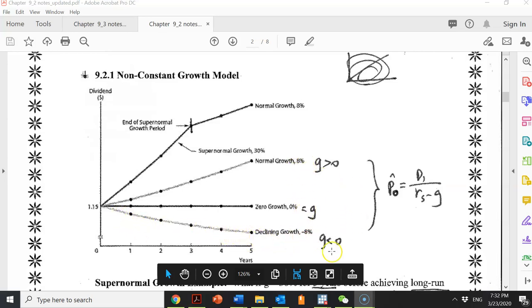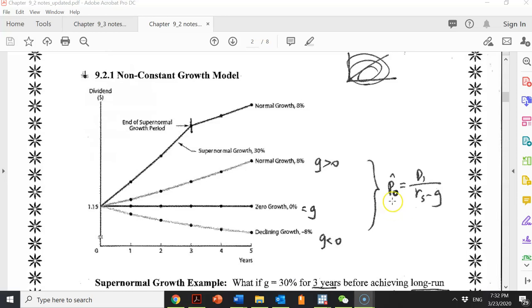Okay, for all of these 3 cases, we can use the constant growth model setting, and P0, the estimated stock price, equals D1, the dividend at the end of the first year, divided by Rs, stock return, minus G, growth rate of the dividends. G is also the growth rate of the price.